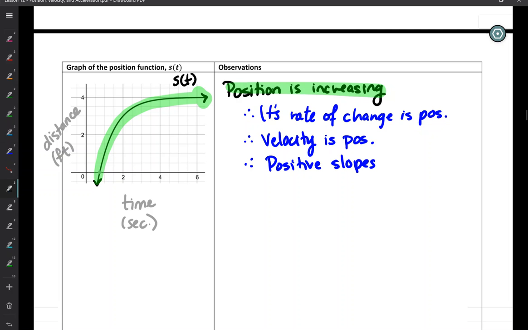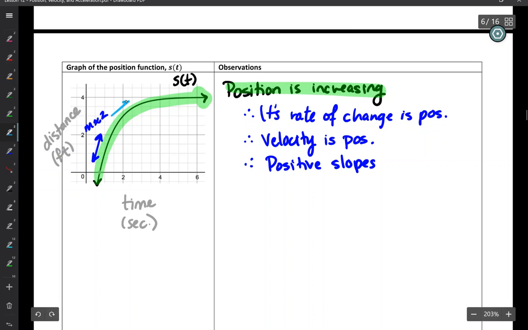To get a sense of that, let's just estimate little slopes of tangent lines along this curve. So maybe right here, you're going, my slope is up 2 to the right 1, say. My speed is 2 feet per second, and I am traveling up.